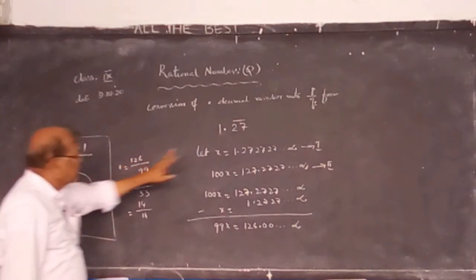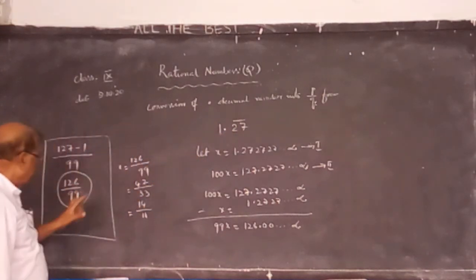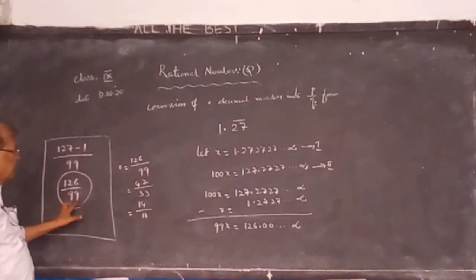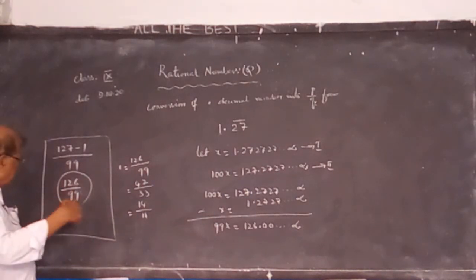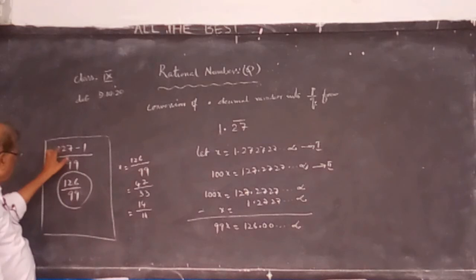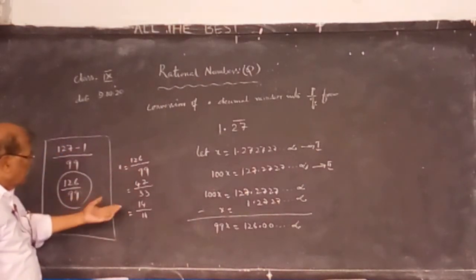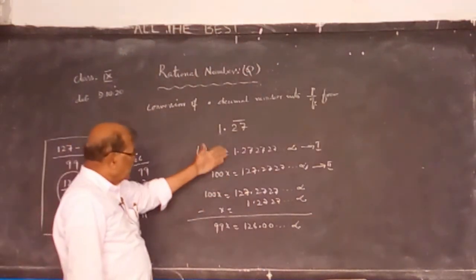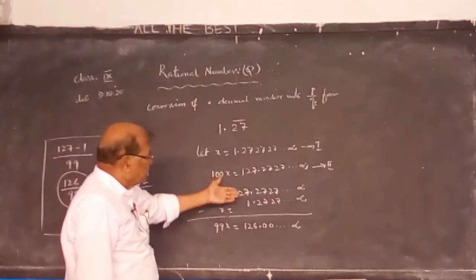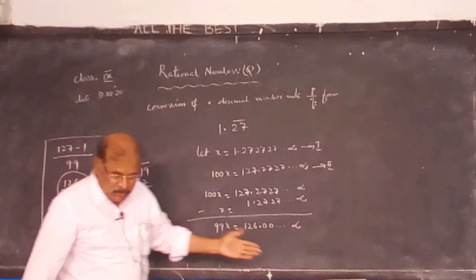How many digits are recurring? Two are recurring. In the denominator you get as many nines as the number of recurring digits. So 127 minus 1 is 126, by 99. If you want to calculate the logical steps, please follow this.